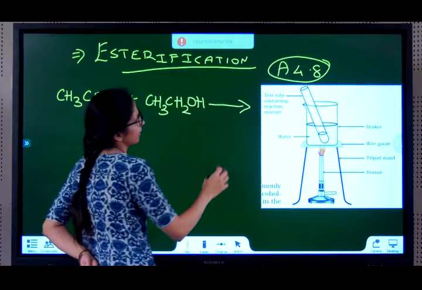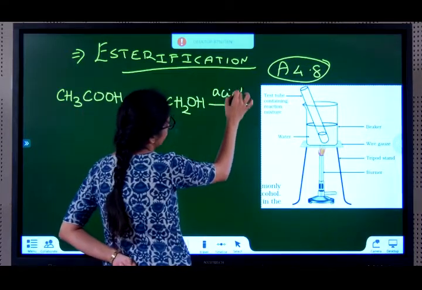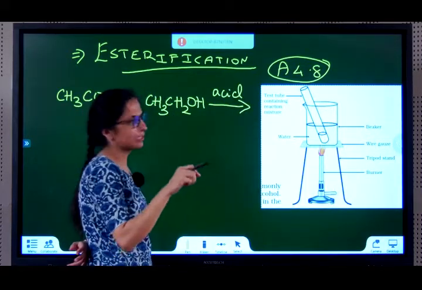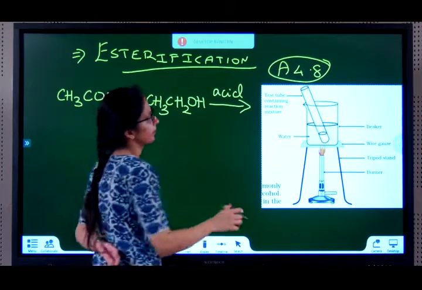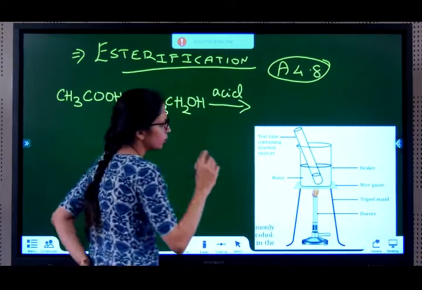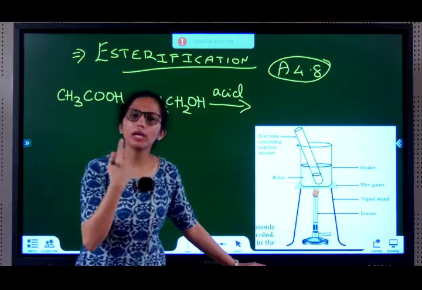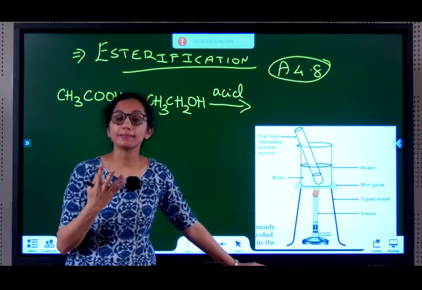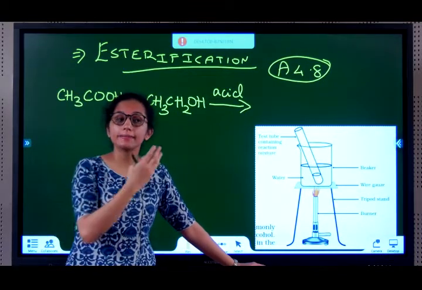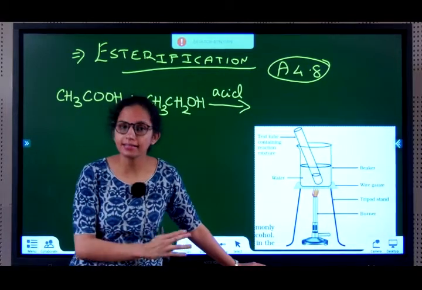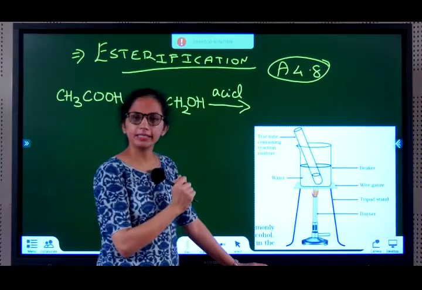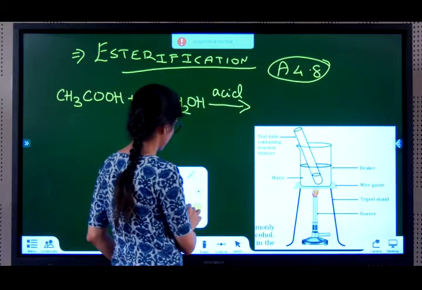To this, we add some acid and we heat up the mixture and keep stirring the mixture. If we do that, you start observing a sweet smelling substance. Nice smell, the odor is good. You can smell a good fragrance.